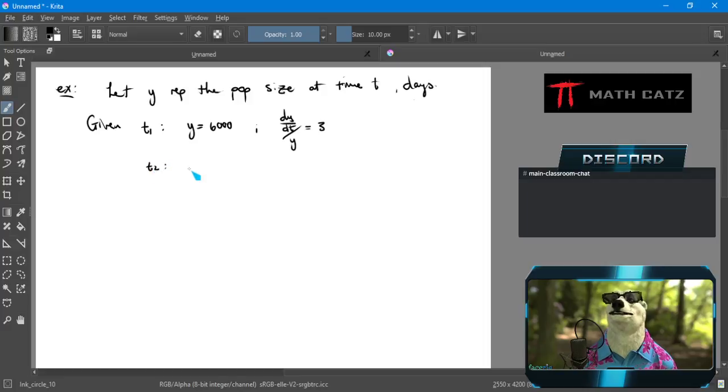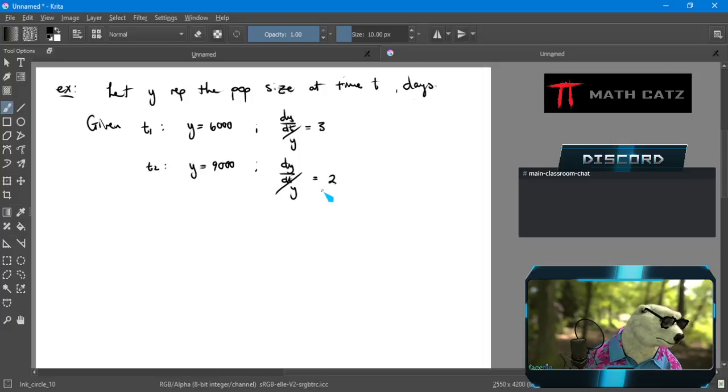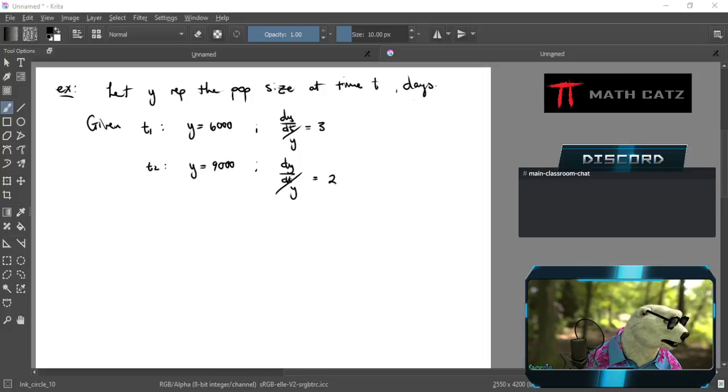Then at some other time, we have y equal to, I believe it was 9,000, and the per capita growth rate dy dt over y equals 2. Let me just see if I am set up here correctly.